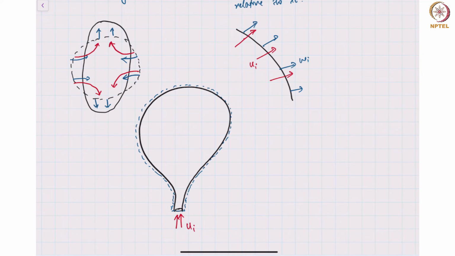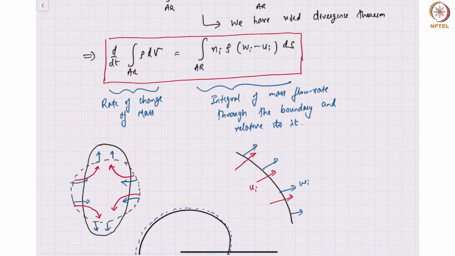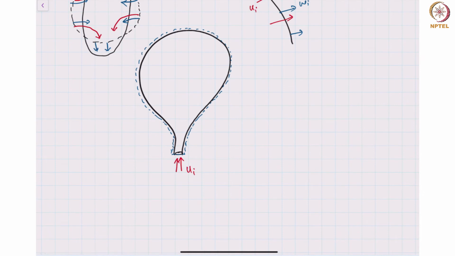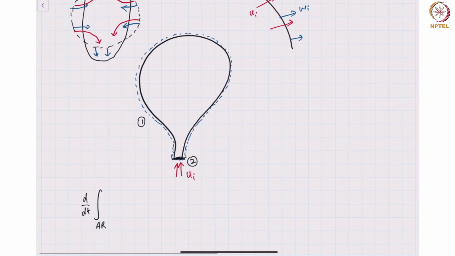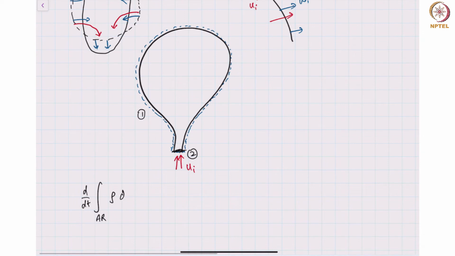So on the right hand side, there's only one term on the one boundary. There are two boundaries here: a curved boundary 1 and the mouth, which is a flat boundary 2. So the left hand side of the equation essentially becomes d by dt over the entire arbitrary region, a volume integral of density, rho dV.